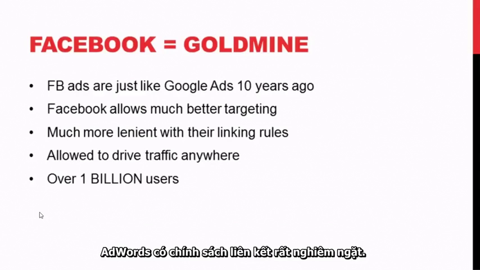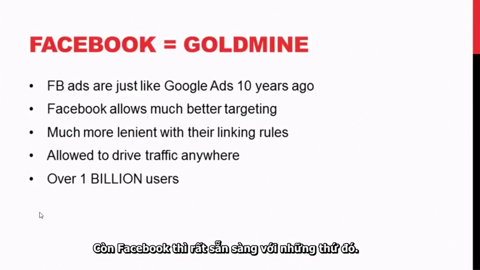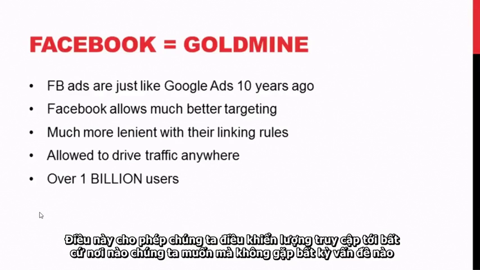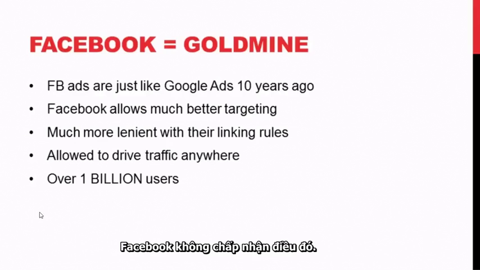AdWords has a very strict linking policy. They really hate affiliates. They really hate all these salesy type videos and things like that. And Facebook really lets us get away with all of that stuff, which allows us to drive traffic anywhere we want without having any issues, except for minor issues, of course, like gambling and things like that. Facebook does not approve that.